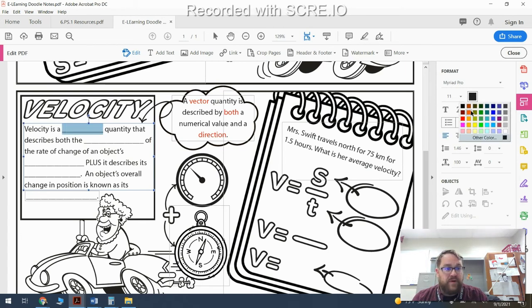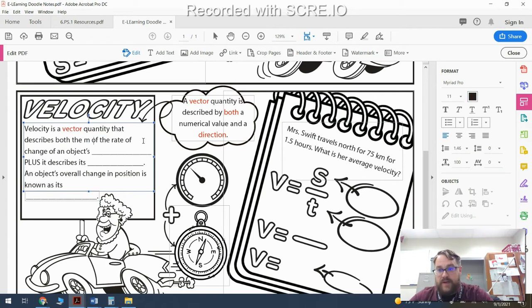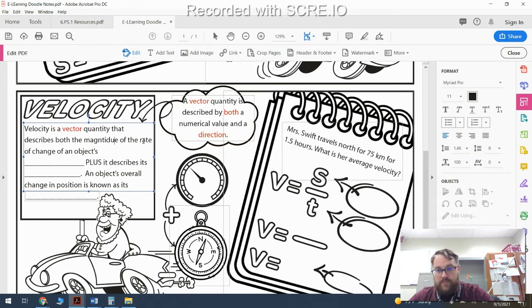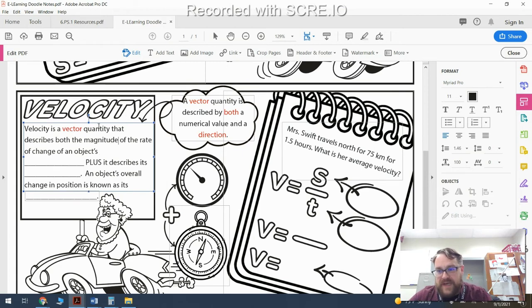So again, we're going to write over here too. Remember, feel free to pause if you need to catch up. Velocity is a vector quantity that describes both the magnitude. We're going to use that word again, and magnitude means how much of something. So a vector measures two things.